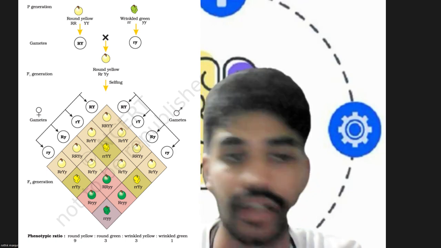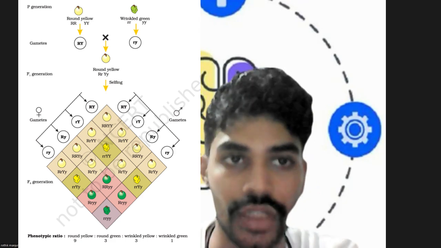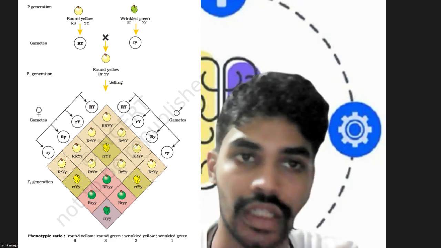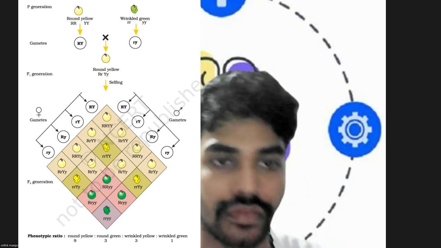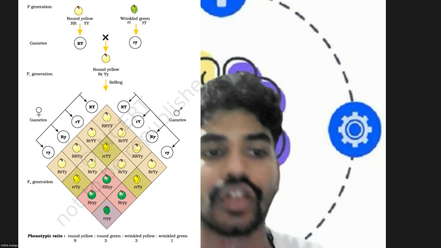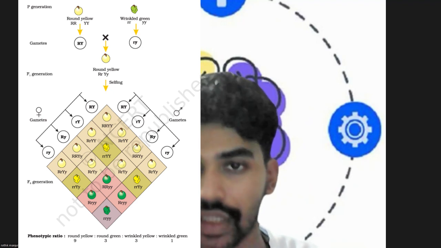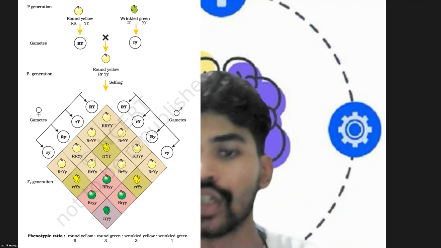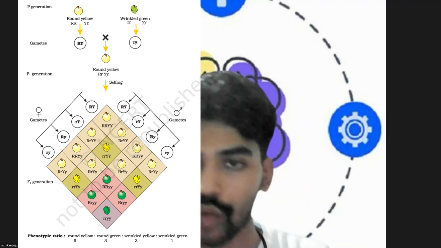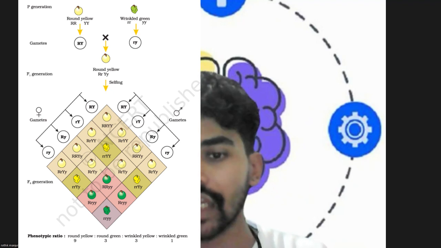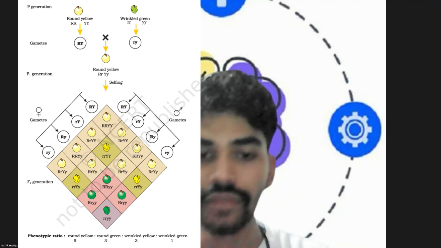That means it is clear that round yellow is the dominant here. In the F2 generation, once the gametes have been crossed again, you're seeing 9 will be round yellow, 3 will be round green, 3 will be wrinkled yellow, and 1 will be wrinkled green.